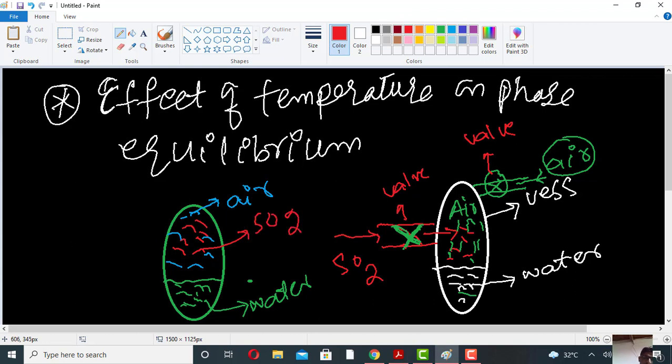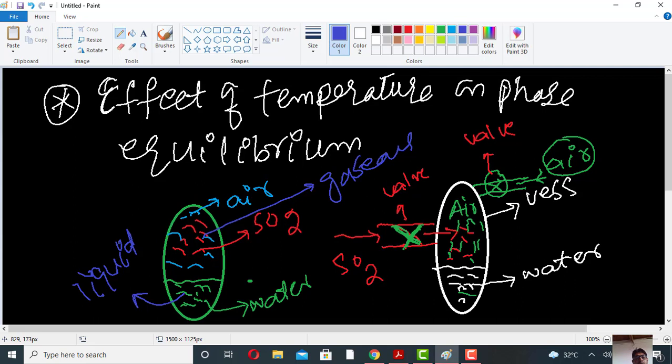So in the vessel two phases are formed. One is the liquid phase, and the other is the gaseous phase. We assume that air is not absorbing into the water, only sulfur dioxide is absorbing in water.